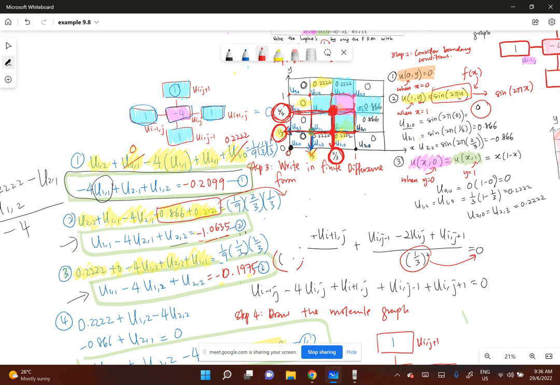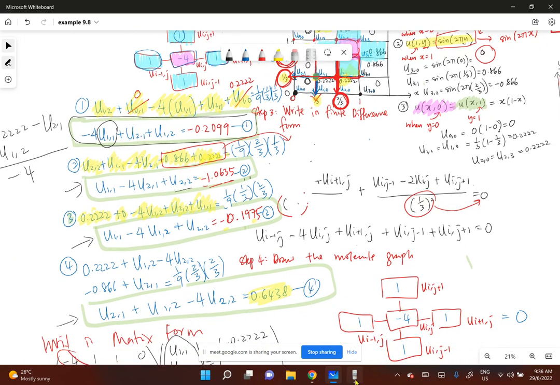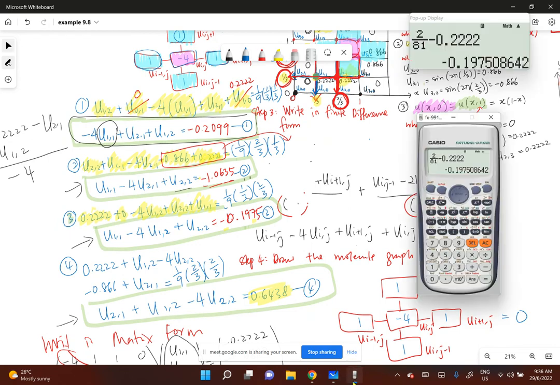So here it means that this one, the equation number 4, is equal to 1/9 times 2/3, and this one is 2/3. So now this one is not the same anymore. So we have to calculate again.